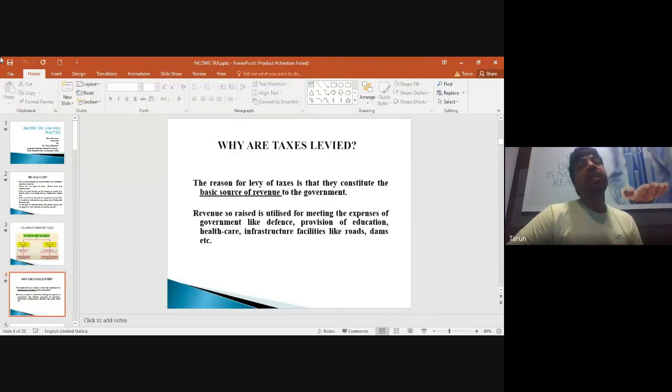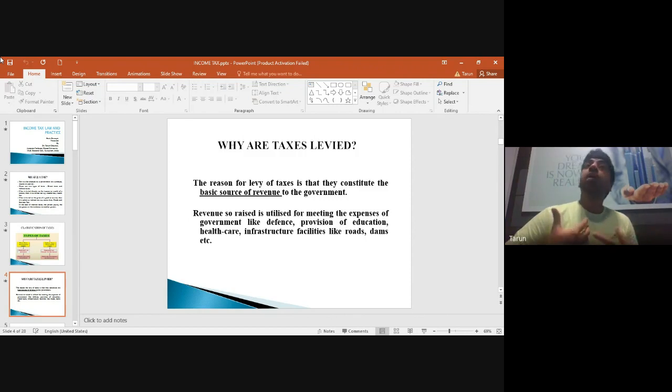Next, the revenue which is raised is always utilized for meeting the expenses of the government. As I said, the tax that you pay is always used for the welfare of the people. That welfare includes opening educational institutions for the public, and new defense services for the people of the country.